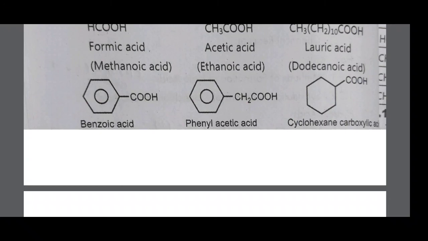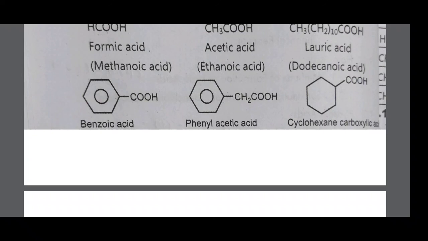The structures of carboxylic acids I am showing one by one. The classification of carboxylic acids is based on the number of COOH groups present in the molecule: mono, di, tri or polycarboxylic acid. If a carboxylic acid contains a halogen atom, then it is called a haloacid. If it contains an OH group in its structure, then it is called a hydroxy acid.